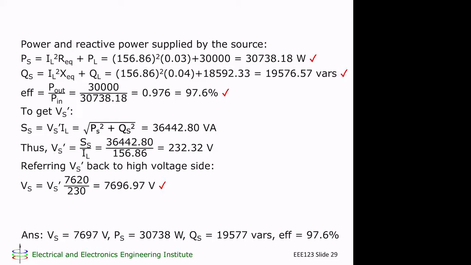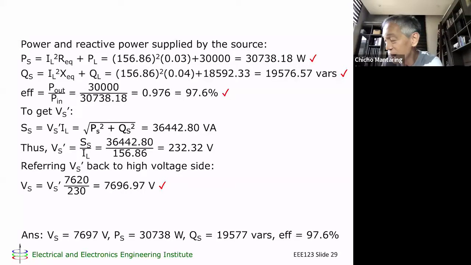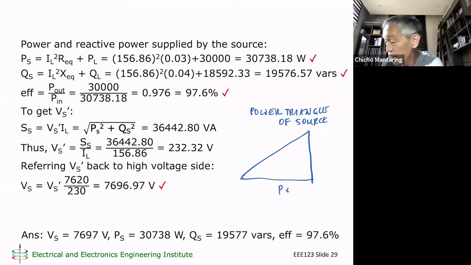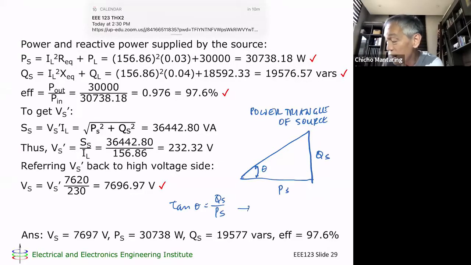Kasi ito yung S of S, yung sa source, no? A power triangle of the source. So this is P of S, this is Q of S na na-compute ko na itong dalawa. So itong angle theta, tangent theta is equal to Q of S over P of S. So makukuha ko yung theta.